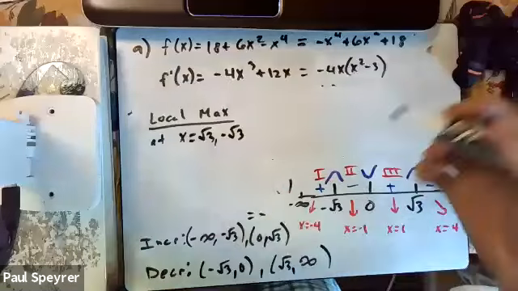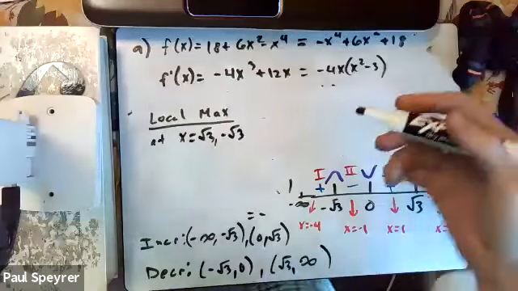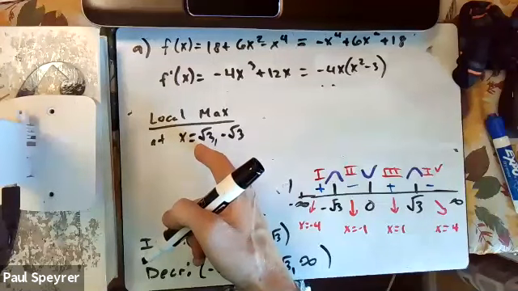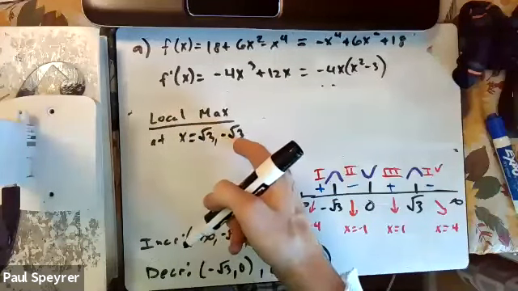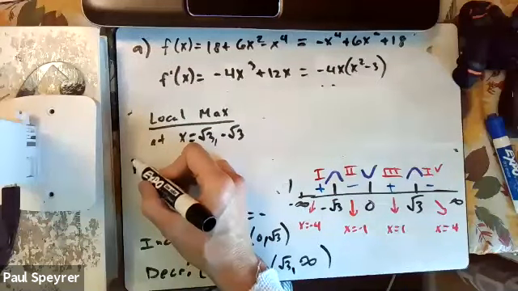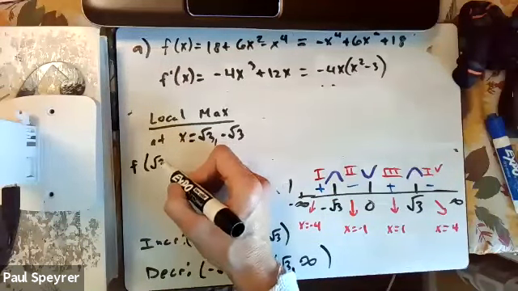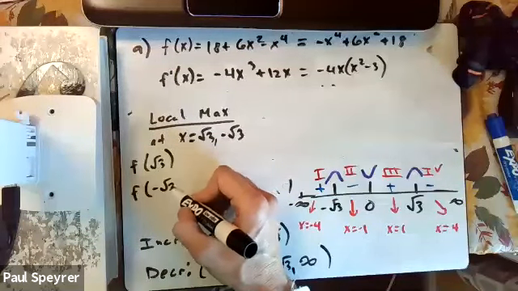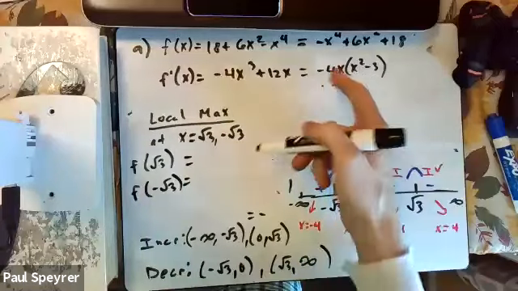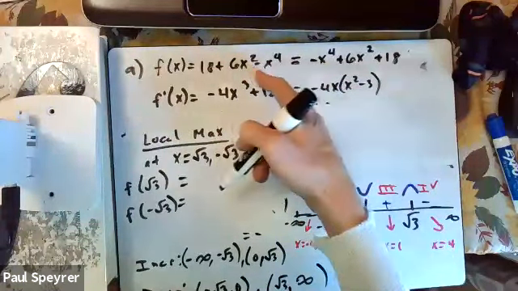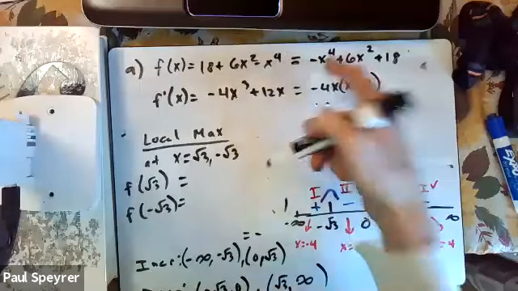But we have to figure these out as points. So what is the respective y value for root 3 and negative root 3? Well, we plug these back into the original. So we need to find f of root 3, and we also need to find f of negative root 3. Either one of these two, because they're the same exact thing. Just watch the signs.